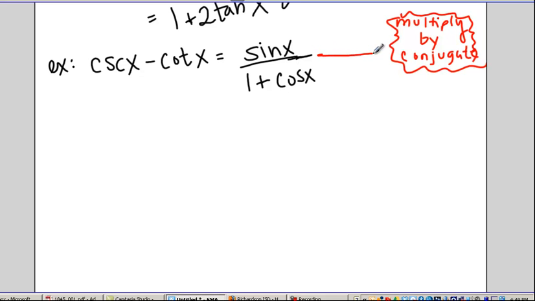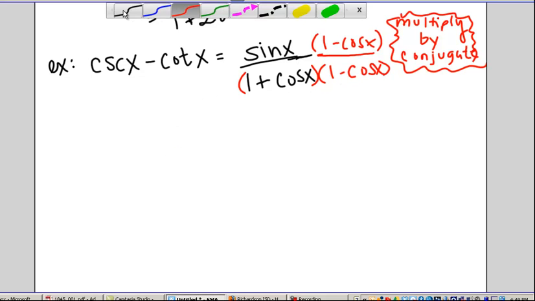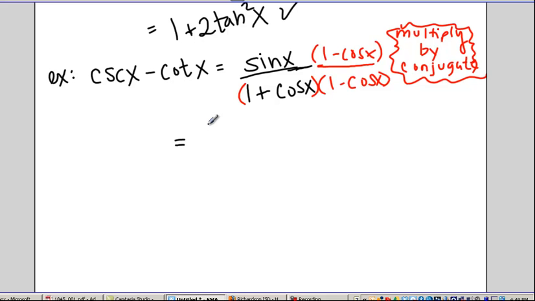The conjugate of our denominator is 1 minus cosine of x. And you also have to multiply the top by it. Okay? I want you to FOIL the bottom, but don't do anything to the top for me. Okay? We're going to leave it simplified like this. And you'll see why in a second.